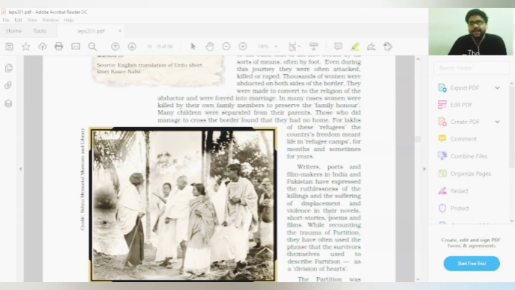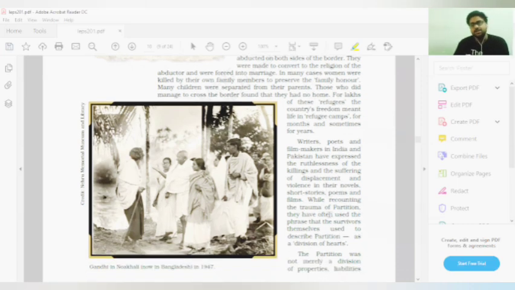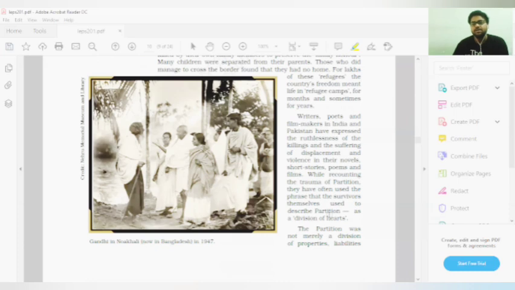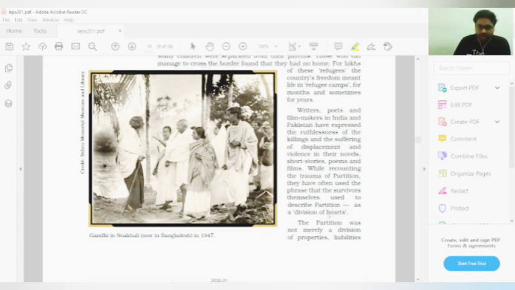He reached Delhi, and then Delhi also came to peace. Many writers and poets discussed and expressed the ruthlessness of the killing, the suffering of displacement and violence in their novels, short stories, poems, and films. So this is what happened in the partition.